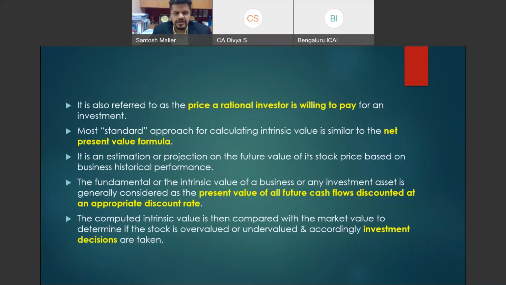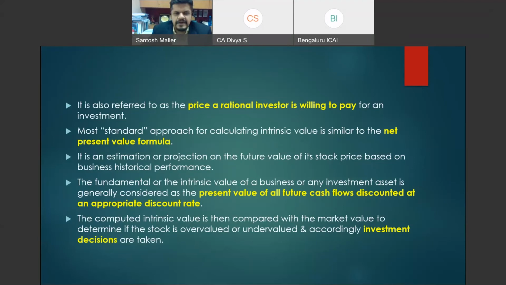And I'm sure many of you would be aware that you will have the Excel formula, which is equal to NPV, into bracket, whatever. So then you will have the net present value determined based on that. It is an estimation or projection of the future value of its stock price based on the business's historical performance. So based on the past performance of the stock price, you would estimate the future.